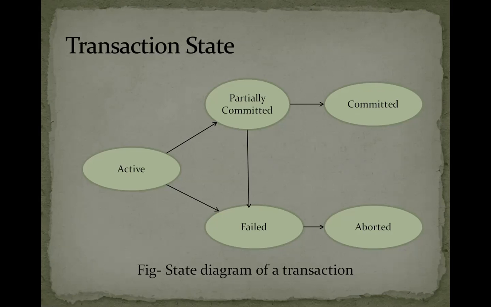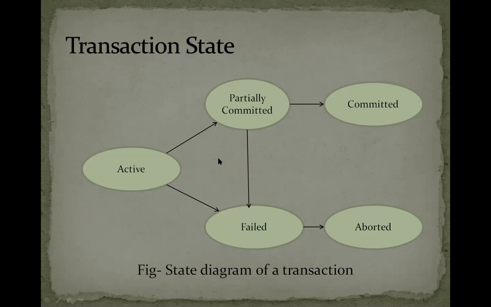Similarly, we can say that a transaction has aborted only if it has entered into the aborted state. A transaction is said to have been terminated if it is either in the committed state or in the aborted state.